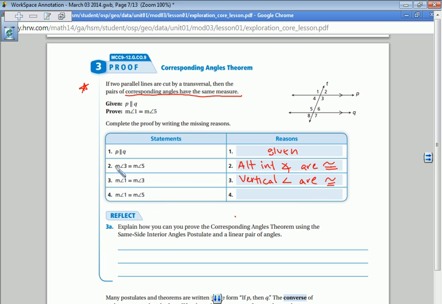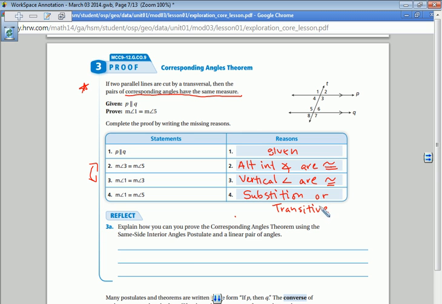Okay. So if 3 equals 5 and 1 equals 3, if we switch these two and said if 1 equals 3 and 3 equals 5, ooh, that would have been better. That's transitive. Then 1 equals 5. That's transitive. Okay, so we can do substitution or transitive. I know transitive because that's what I said. I'm not smart.